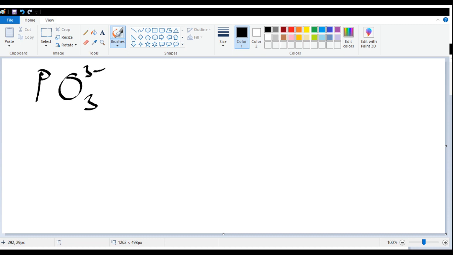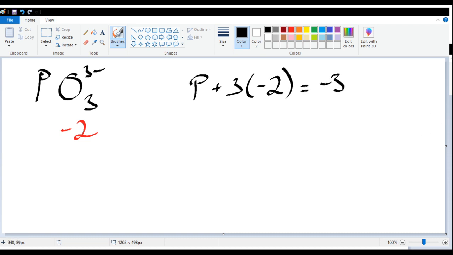So, oxygen is still going to be -2. If we were in class, I would have insisted that you repeat that over and over again. It would have gotten tiresome. All right. So, oxygen is -2. Phosphorus is going to be what? So, our 1 phosphorus atom plus our 3 oxygen atoms has to add up to -3.